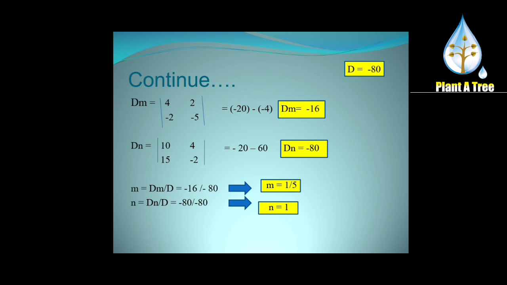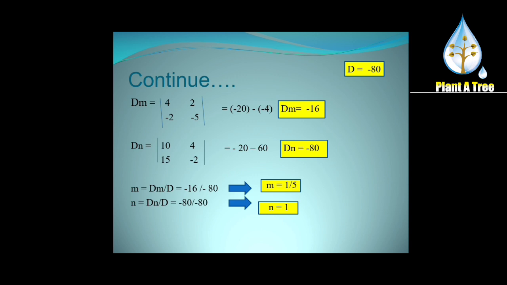Again Dn is nothing but the coefficients of n replaced with the constant terms. Therefore it is 10, 15 and 4, minus 2, which is equal to minus 20 minus 60, that is Dn is equal to minus 80. Now D, Dm and Dn are all negative, but when we take the ratio, it becomes a positive number.